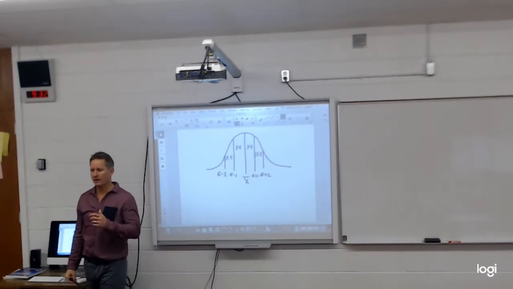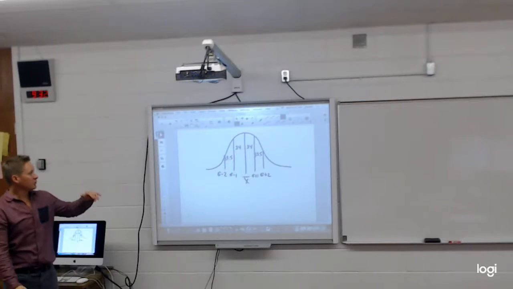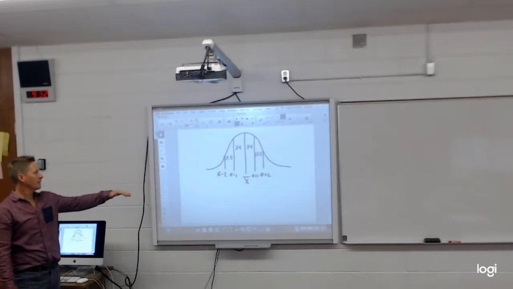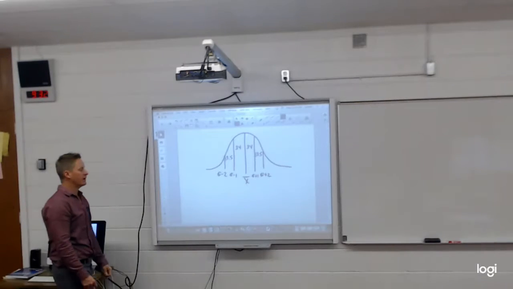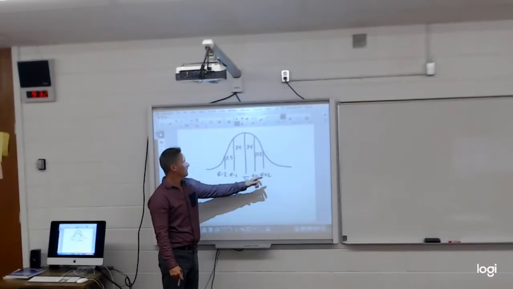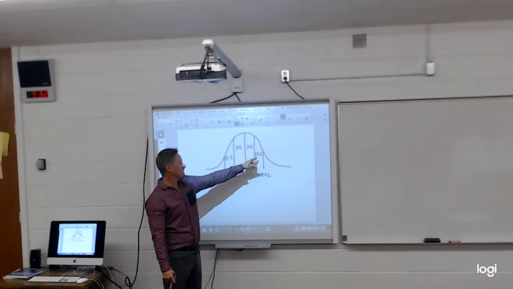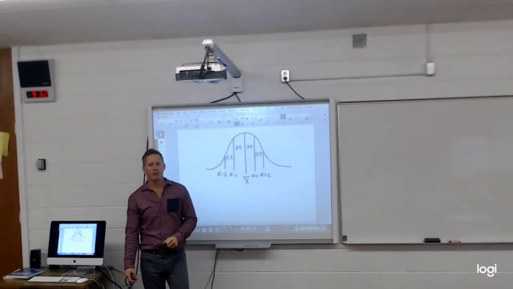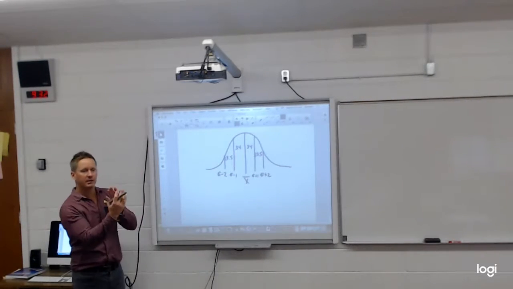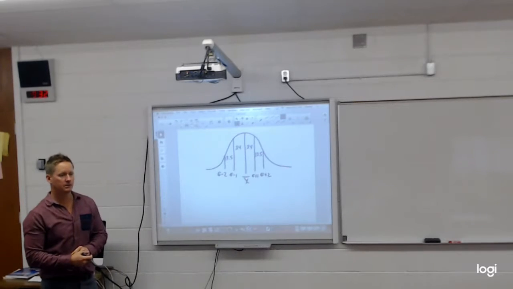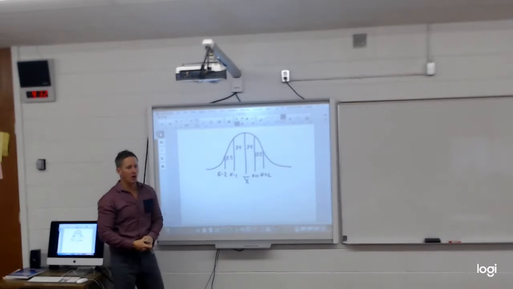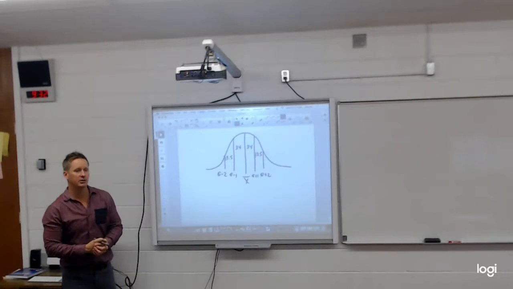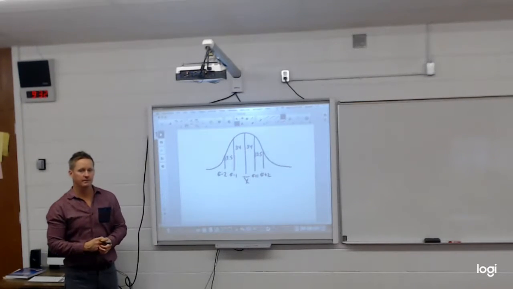Okay. Now looking at those numbers, if you're within 2 standard deviations of your average above, that means that 47.5% of all of your scores will be within +2 standard deviations. 47.5% below will be within 2 standard deviations. Okay?